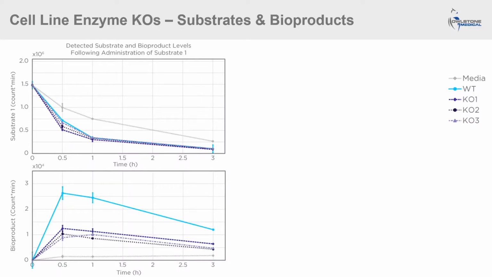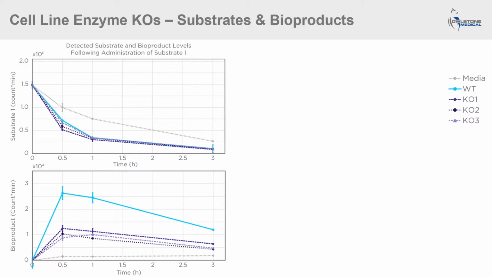However, if we look at the specific bioproduct, we can see that in the absence of cells, so when there is only media, there is basically no production of the bioproduct. In wild-type cells, we see a spike of the bioproduct half an hour after the treatment. And in the knockout cell lines, we can see that the production of the bioproduct is reduced.